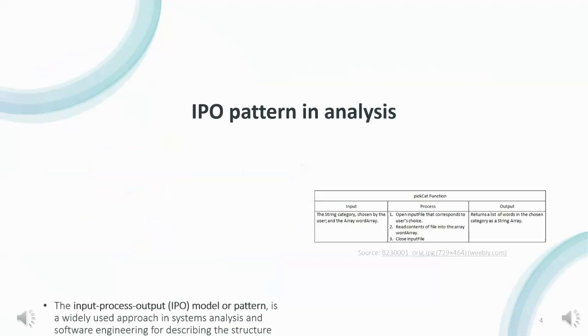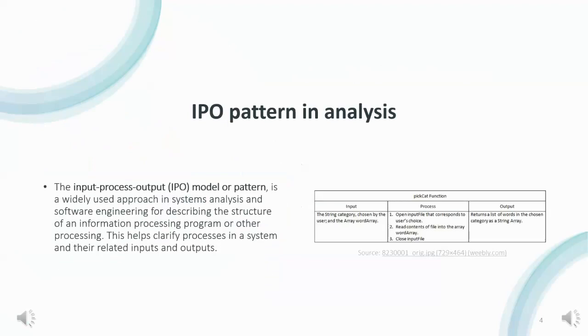In analysis, the input process output IPO model or pattern is a widely used approach in systems analysis and software engineering for describing the structure of an information processing program or other processing. This helps clarify processes in a system and the related inputs and outputs.